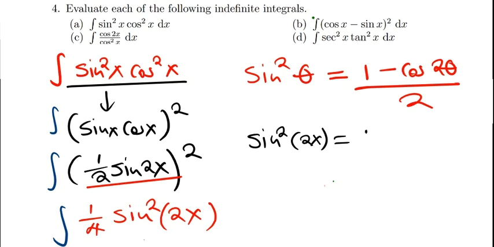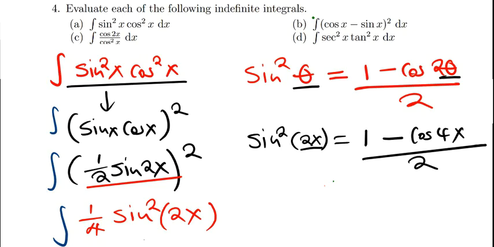So it becomes 1 minus. Now if you check the relationship between the angles, that is twice theta. So from 2x it is going to be 4x. So cosine 4x. Then on the bottom, the 2 is independent of all this. So that's what we have.